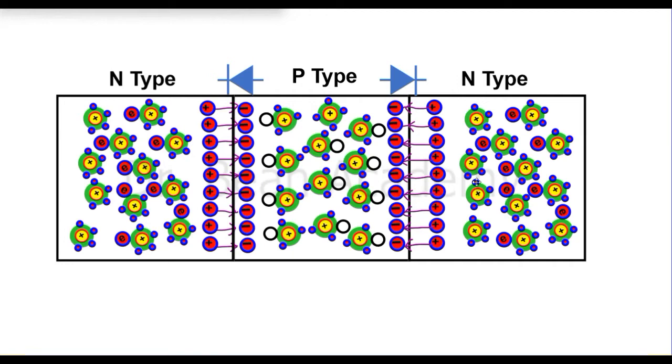It is just the extension of the p-n junction, right? Because we already studied that a p-n junction is p and n type combined at molecular scale. Now we have another p-n junction on this side, and at that time scientists discovered a very, very interesting feature of this device.